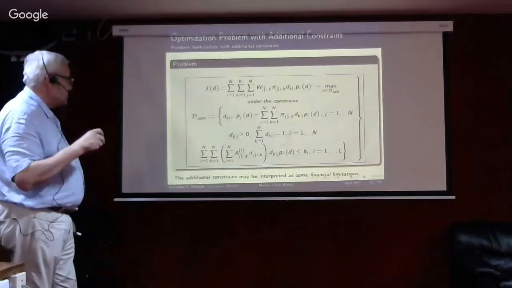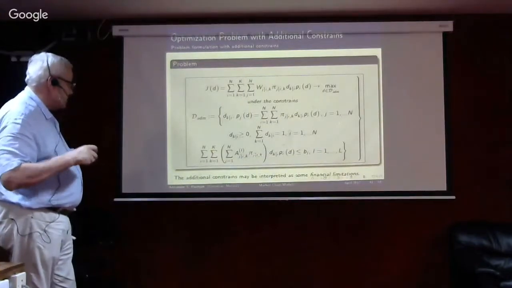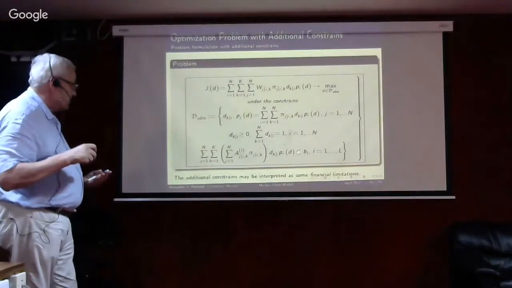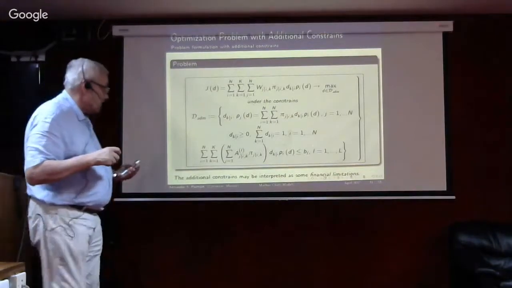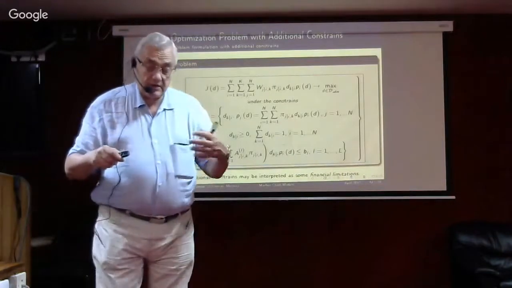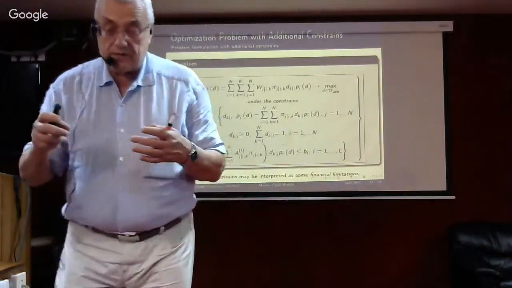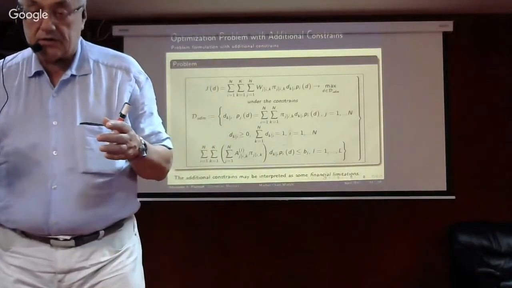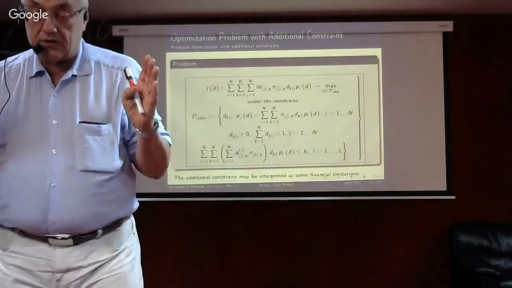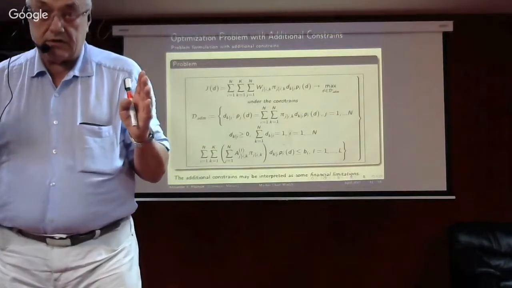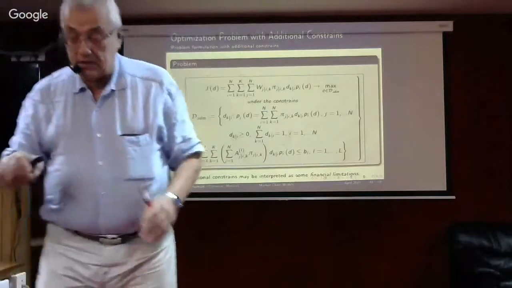We solve the problem under constraints, including a budget, a money restriction. I can use for my financial operation only a bounded value of money. I'm restricted. I do not have as much as I wish.